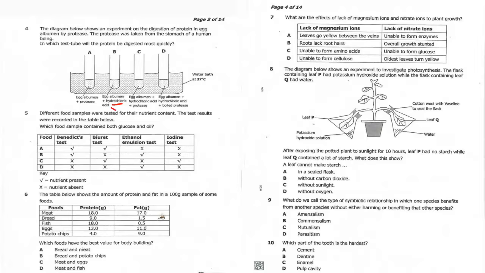So here there's no protease, so no enzyme to digest. Here it's just protease, but there's no HCl. You know that the function of HCl in the stomach is to keep the pH suitable for the enzyme to act. So here there's no HCl. That's why we are saying the answer is not correct because the pH will not be acidic.